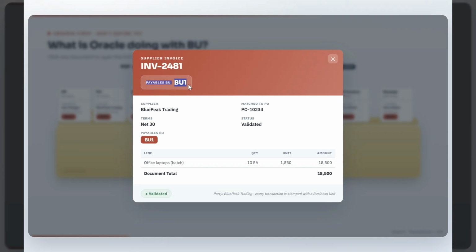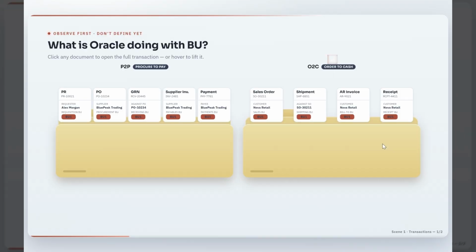Finally, payment PAY-7781 is processed through the Payables Payment Business Unit. So even within one purchase cycle, the BU shown on each document can describe a different business responsibility. Who requested, who purchased, who received, who processed the invoice, and who made the payment.